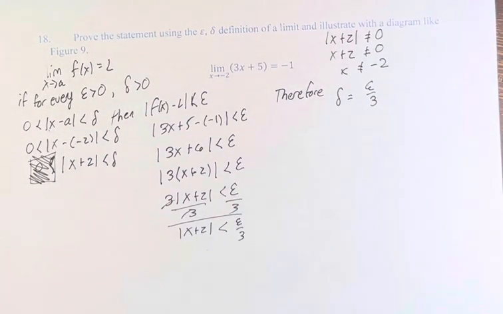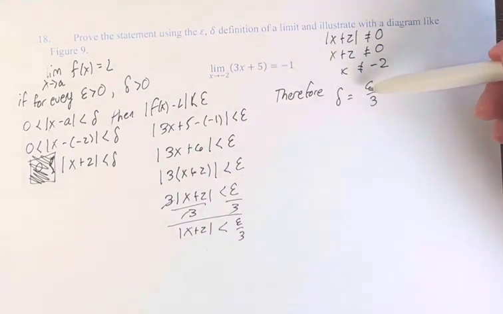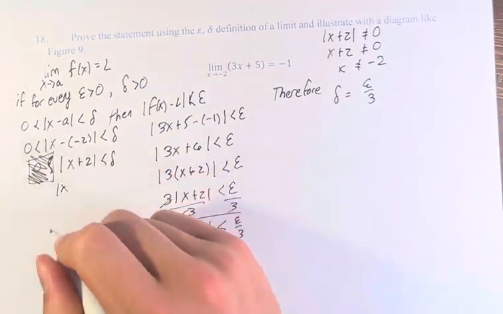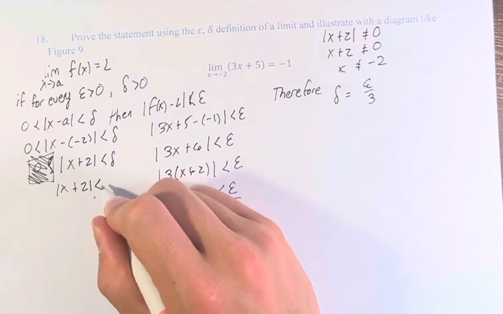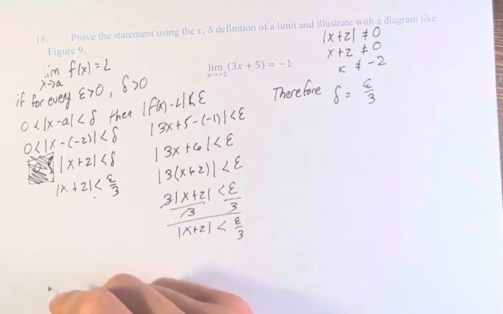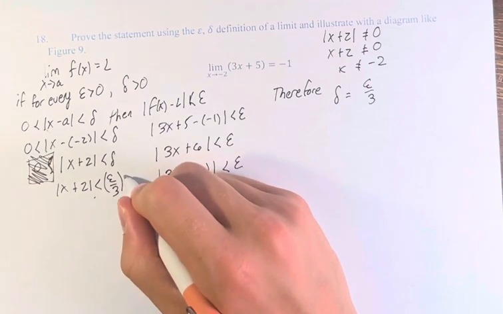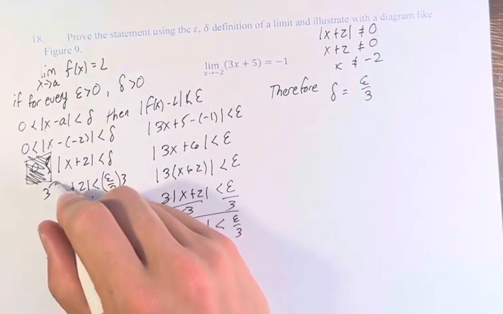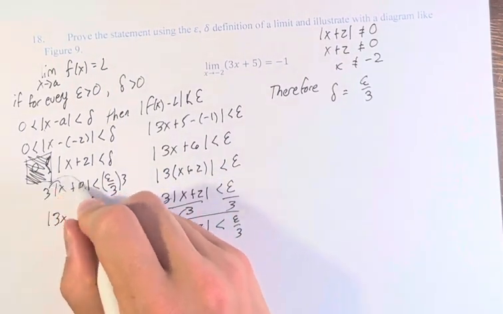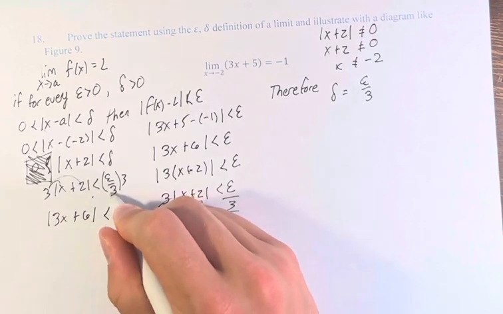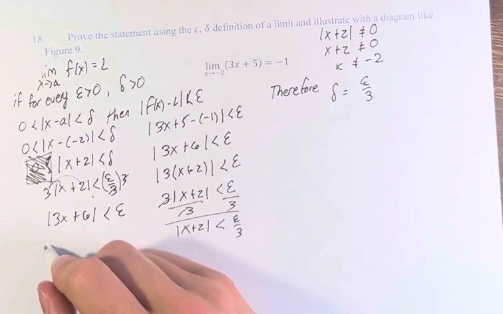So we have to prove that this relationship works. If delta equals epsilon over 3, then the absolute value of x plus 2 is less than epsilon over 3. Multiplying both sides by 3, we get 3 times x is 3x, 3 times 2 is 6, is less than, since the 3's cancel, epsilon.